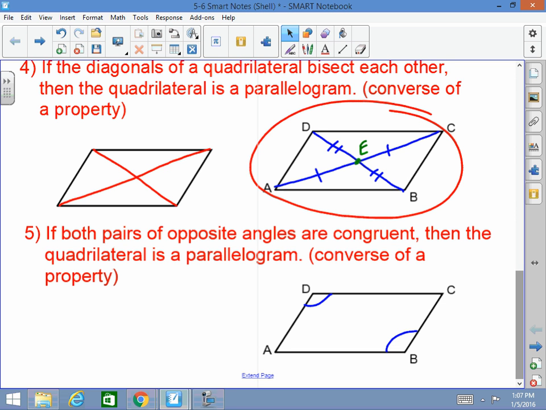Okay, Mr. Morrow, then how would I make that a square or a rhombus? Well, I would make this a rhombus very easy. Now it's a rhombus. Because opposite angles are congruent and all sides are congruent.